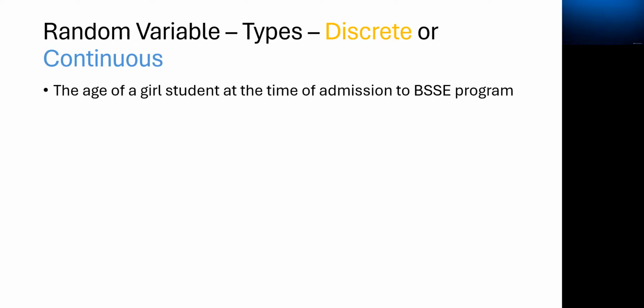Let's do this little exercise and find out whether each of these random variables mentioned here represents a discrete valued random variable or a continuous valued random variable. The first one is the age of a girl student at the time of admission to BSSC program. This is a continuous random variable because we cannot possibly list all of the ages.